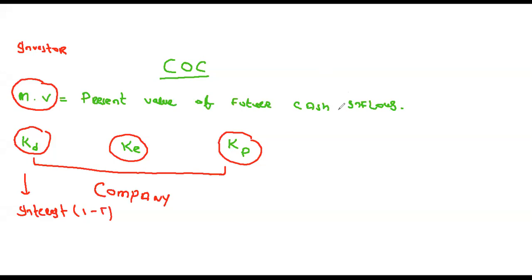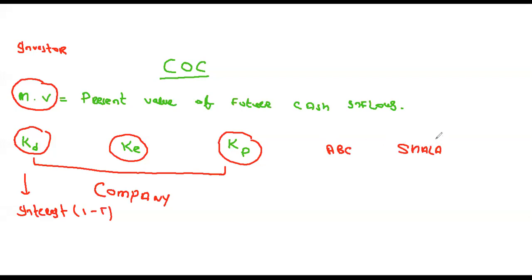Okay. Now say that one company is ABC, and one person is Shaila.